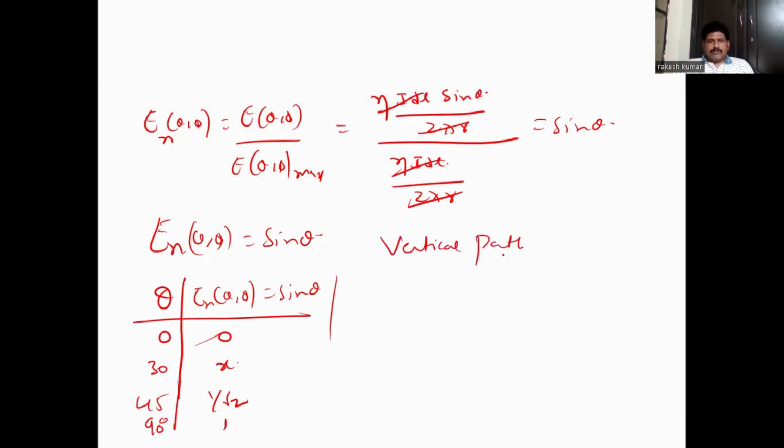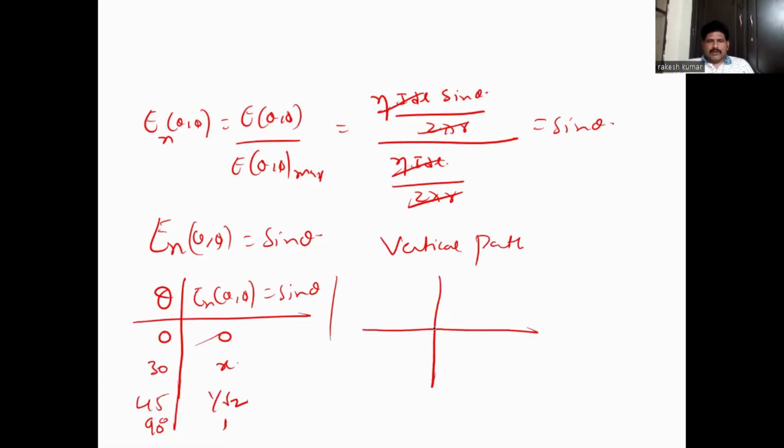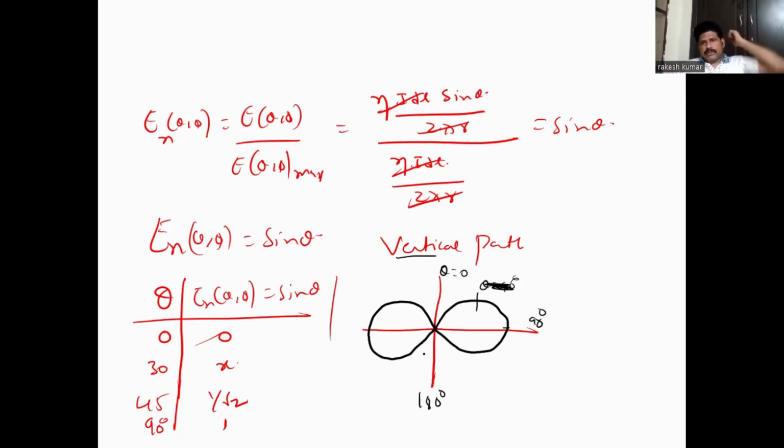Theta equal to 0 is zero, theta equal to 90 degrees is the maximum value, and 180 degrees is zero again. So this is the vertical pattern.